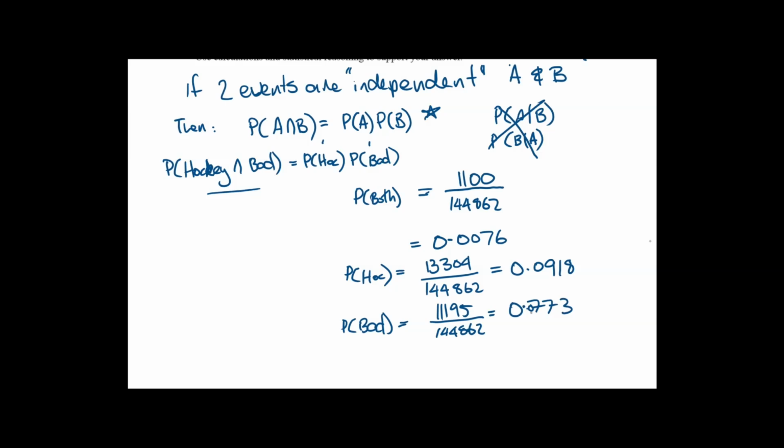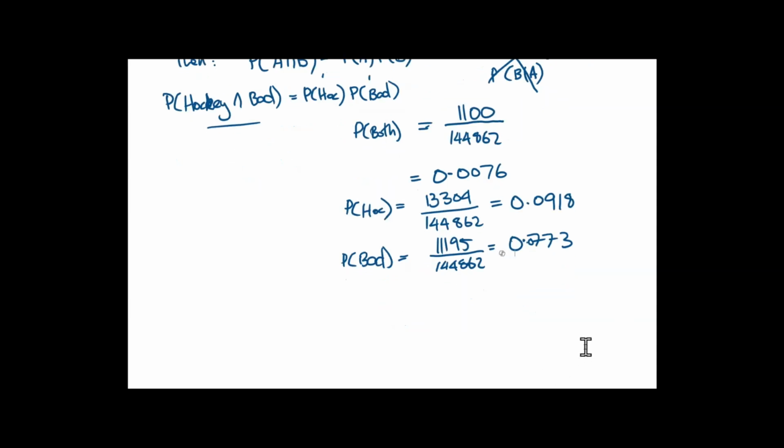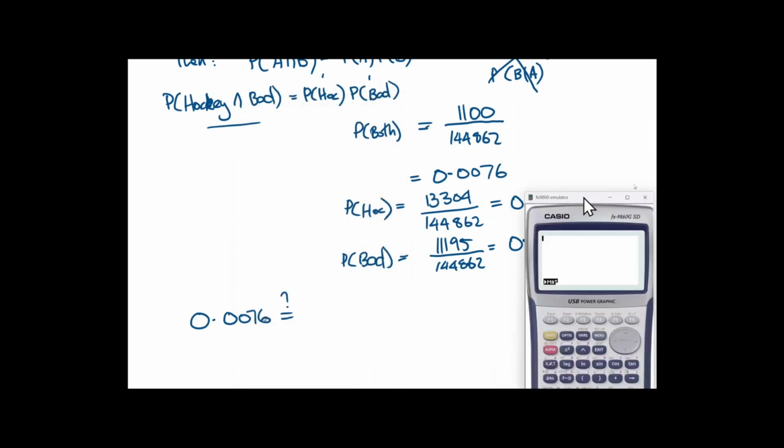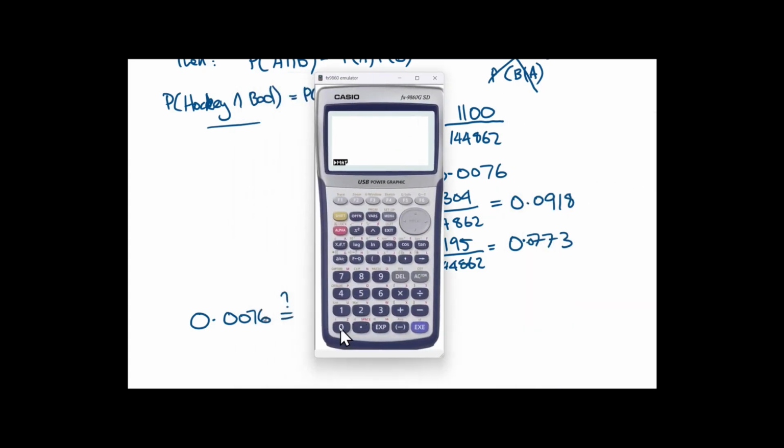Okay. Now we can do the maths. So probability that they play both is this number here. So a question we want to say is, does 0.0076 equal what we've got here? And we can multiply those two together. So 0.0918 times 0.0773.